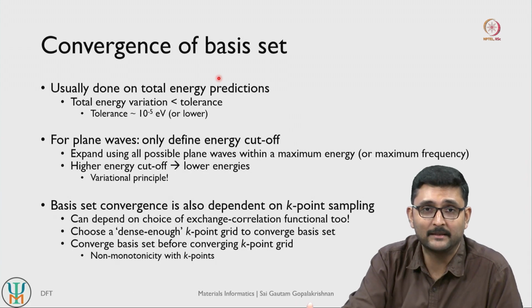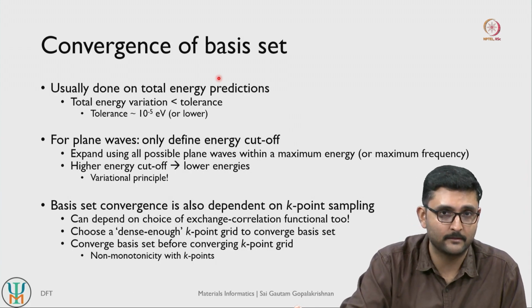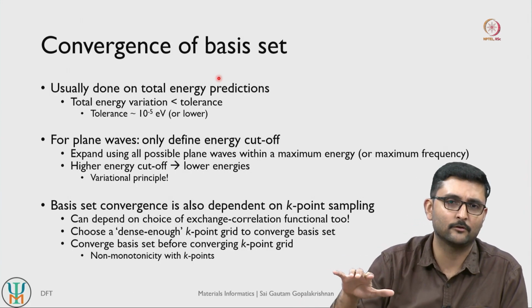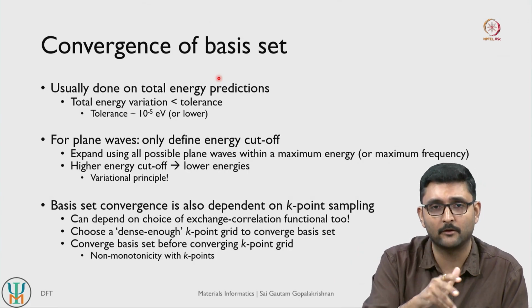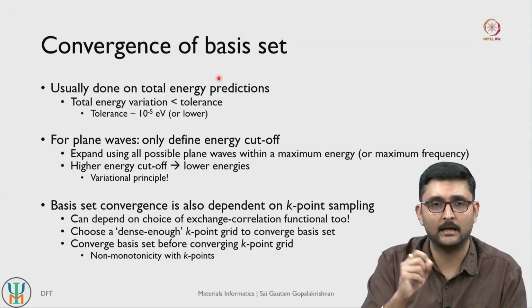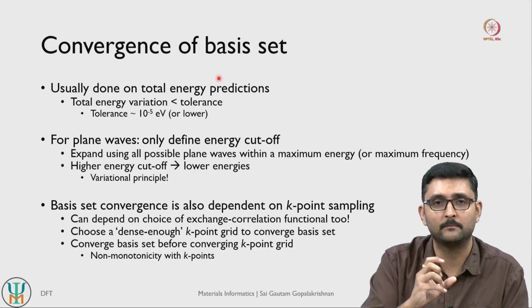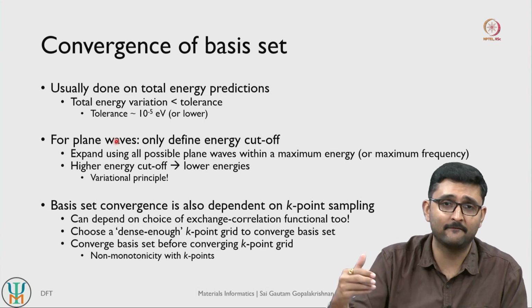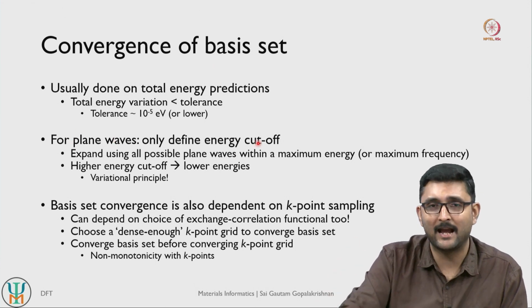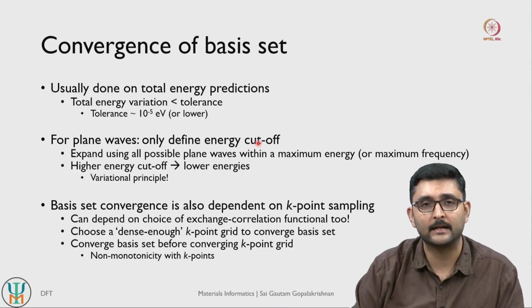So the convergence of the basis set is usually done on total energy predictions, irrespective of whatever basis set you use. Even for non-periodic systems, if you are using a bunch of Gaussians, you would use total energy predictions to determine whether your basis set has converged or not. For plane waves per se, we only have to define some kind of an energy cutoff, right.